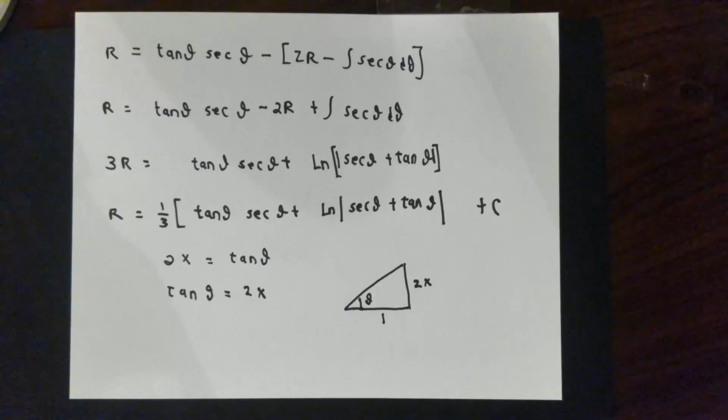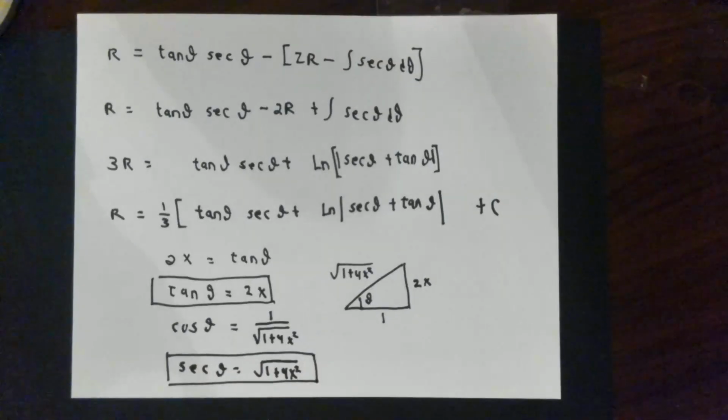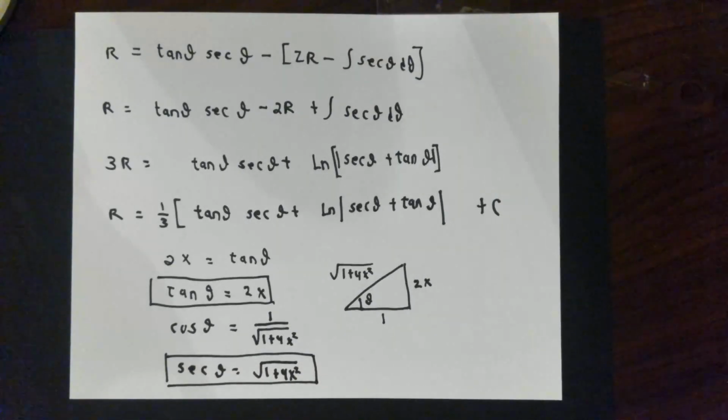If I draw my triangle, tangent of theta is the length opposite divided by the length adjacent, and 2x over 1 will work. The other side in the triangle is the square root of the sum of the squares of the other two sides. Now that I know all three sides of the triangle, it's easy to see that cosine theta, which is adjacent over hypotenuse, must be 1 over radical 1 plus 4x squared.